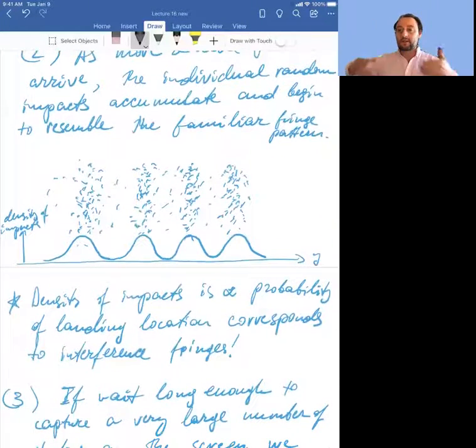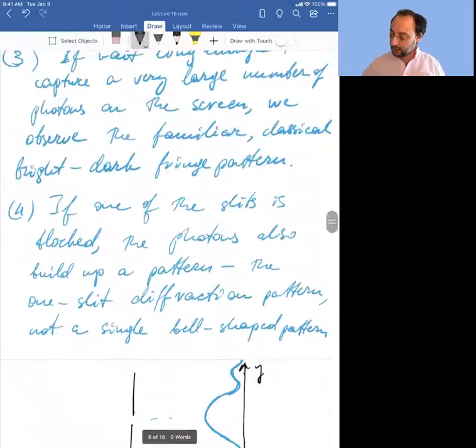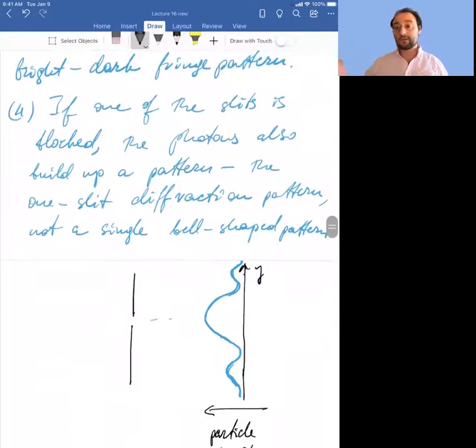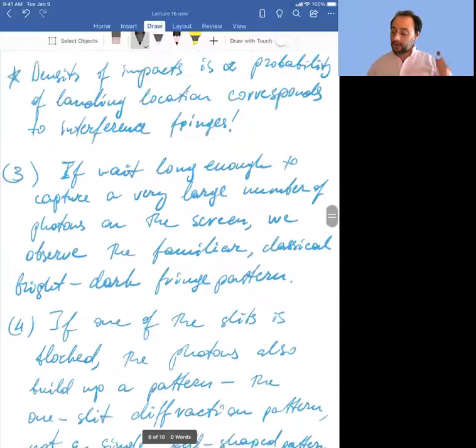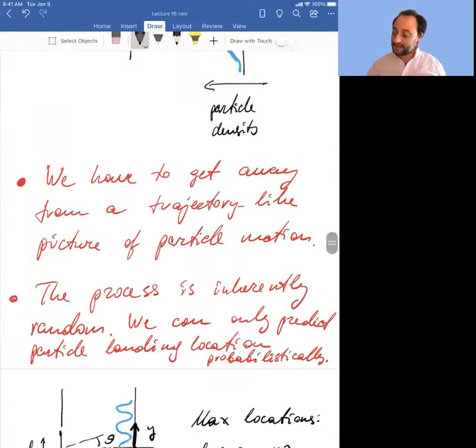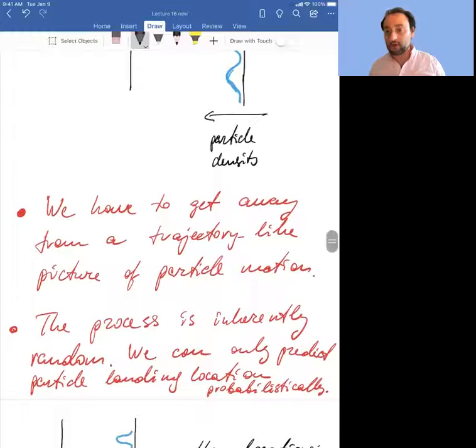We get back the two-slit interference pattern even though we're sending only one particle at a time. And if you cover one of the slits, you get the classical one-slit diffraction pattern. So we have to step away from the trajectory picture of particle motion.